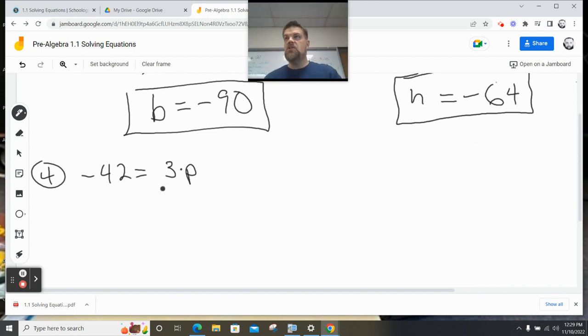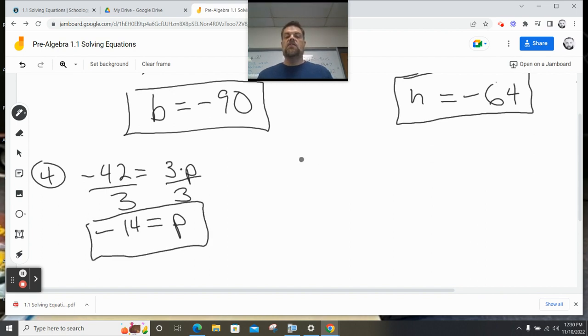It's multiplying, and since it's multiplying, we would, in fact, divide by 3. What's 3 divided by 3? 1. What's 1 times p? Just p. Now, what is negative 42 divided by positive 3? Negative 14. See how easy this is?